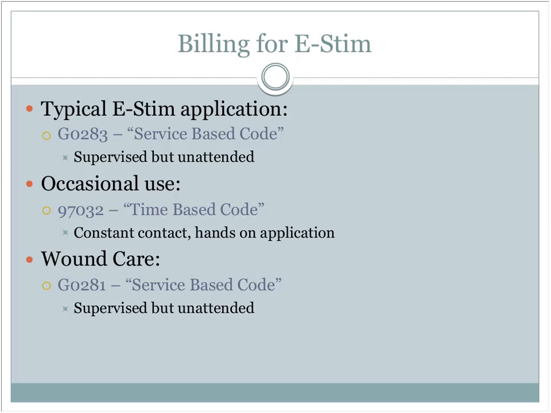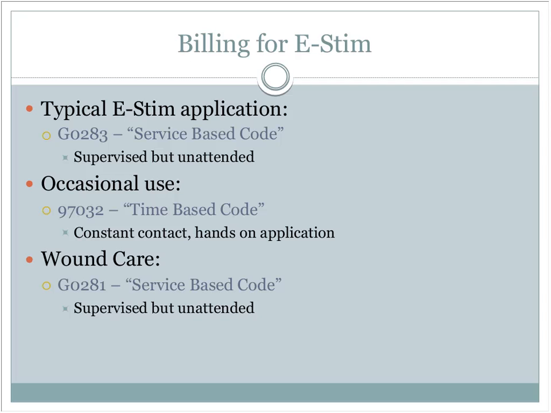Occasionally, you may be able to bill the 97032, which is a time-based code. But that's a constant contact, hands-on application. If you're doing what I described before, the eStim through the tip of your finger as a probe, that's constant hands-on attendance. You're using your clinical skills to find the right area to be intervening on.